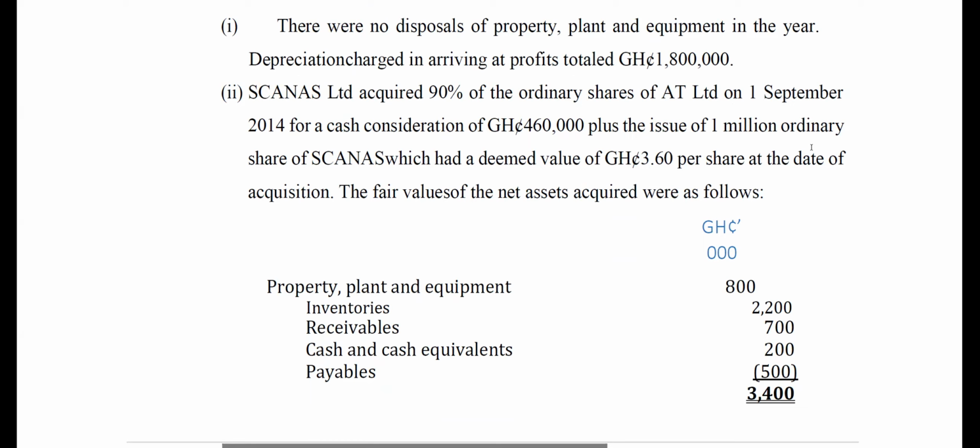The fair values of the net assets acquired were as follows: PPE 800,000, inventories 2,200, receivables 700, cash and cash equivalents 200, payables negative 500.